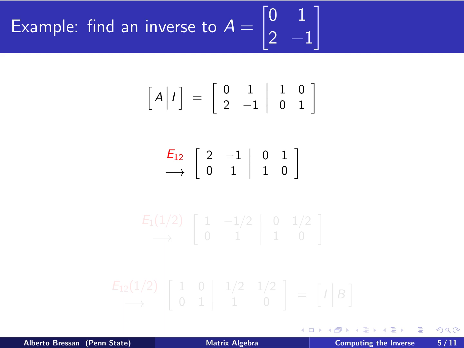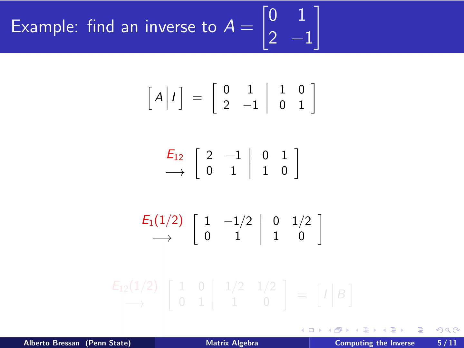So let's switch row 1 with row 2, meaning we apply an elementary matrix E1,2 here. I switch the whole row, including the one for the right half.